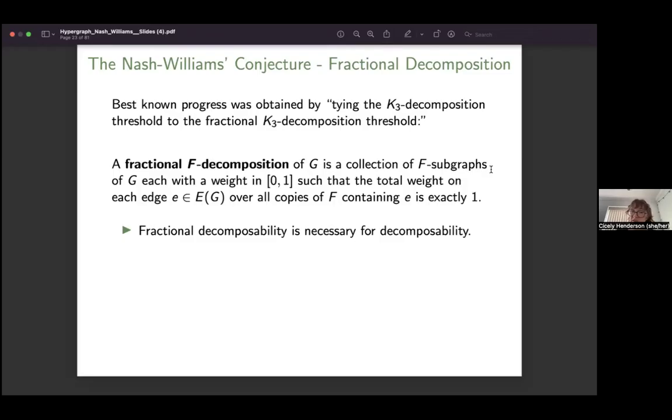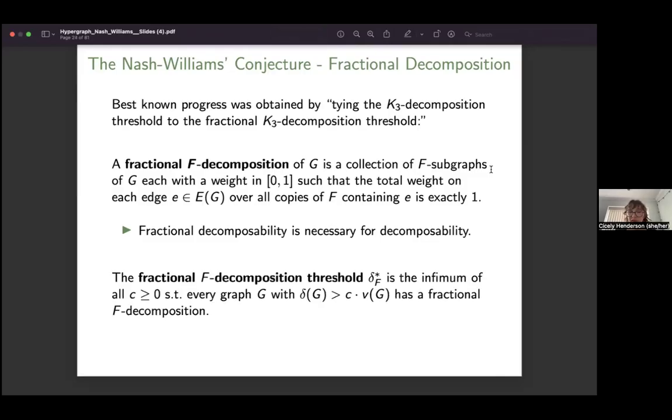Fractional decomposability is necessary for decomposability because an F decomposition is a fractional F decomposition where all the weights are exactly 1. And then the fractional F decomposition threshold, which we'll denote delta star sub F, is the infimum of all constants greater than 0 such that every graph with minimum degree at least that constant times the number of vertices has a fractional F decomposition.